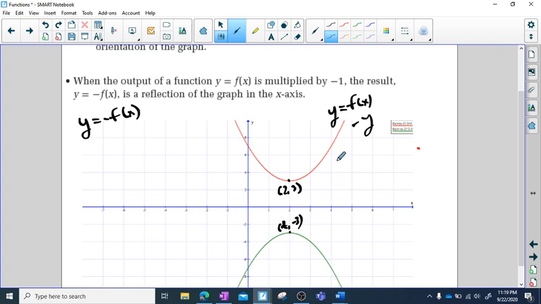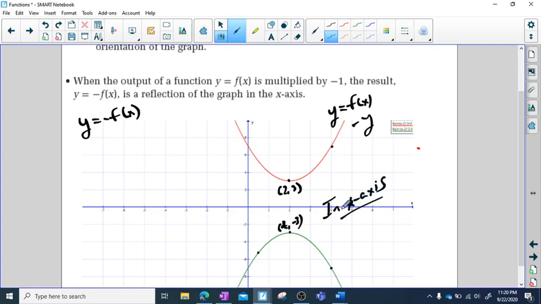If you had this point, let's say this one's (4, 7), well, it's now down here at (4, -7). This point here is now down here. So all these points, that's what they mean by a reflection. You have all your points reflect across, or in, the x-axis.